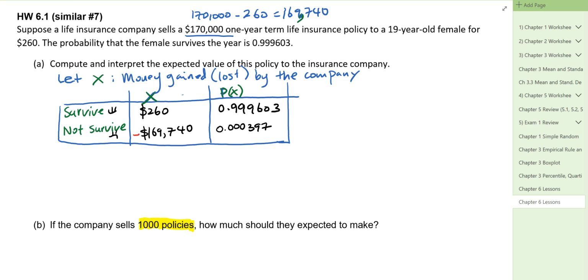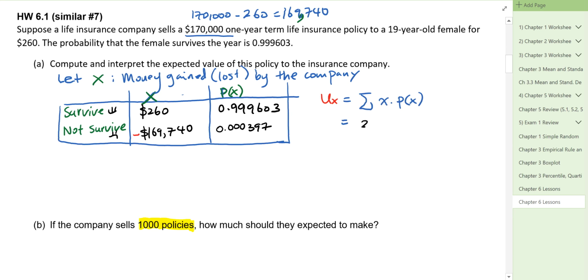Now let's find the expected value. Recall the expected value is mu of X, and mu of X is given by the summation of X times P of X. So that is equal to, we have two X values here, one is 260.